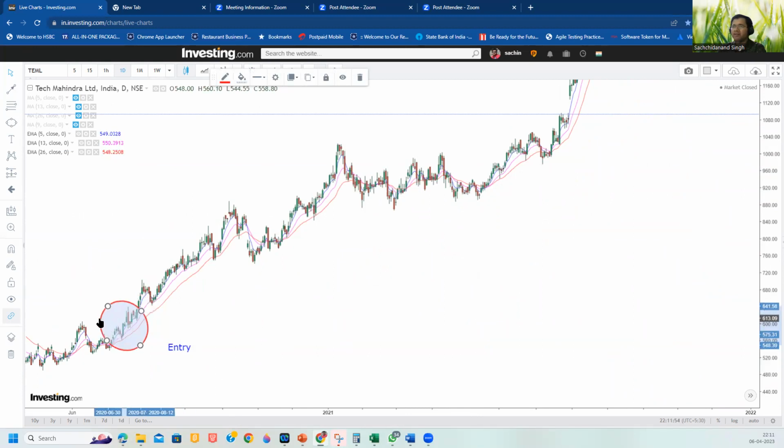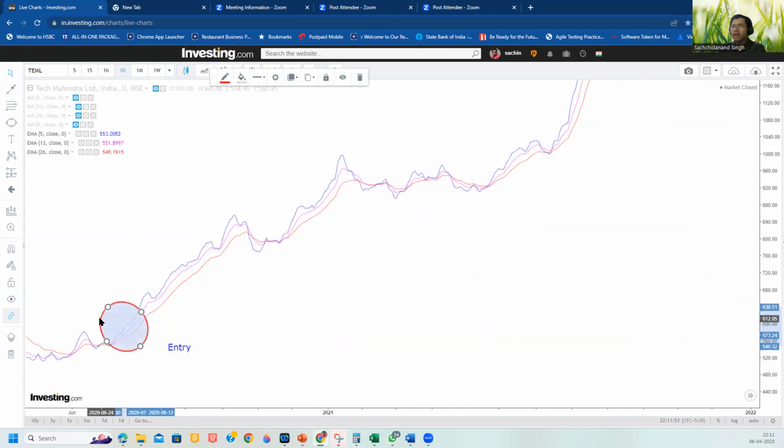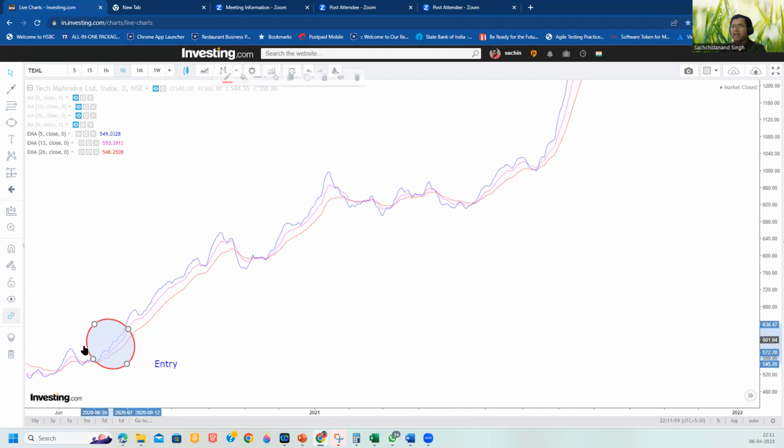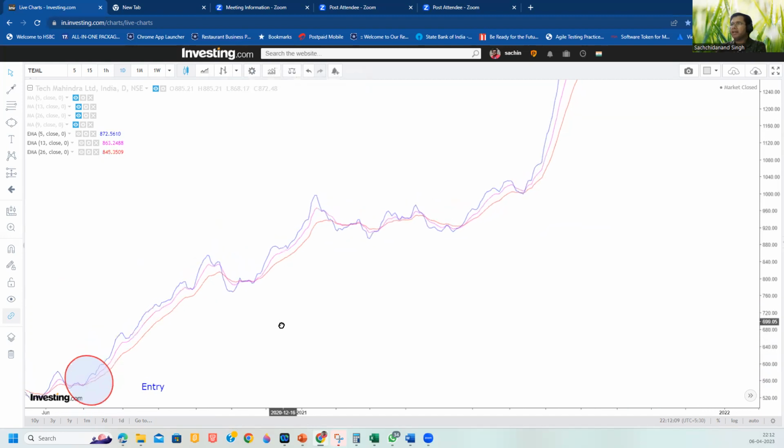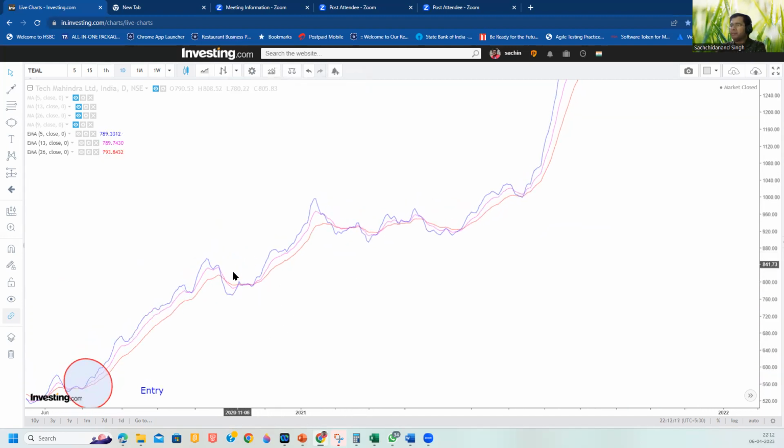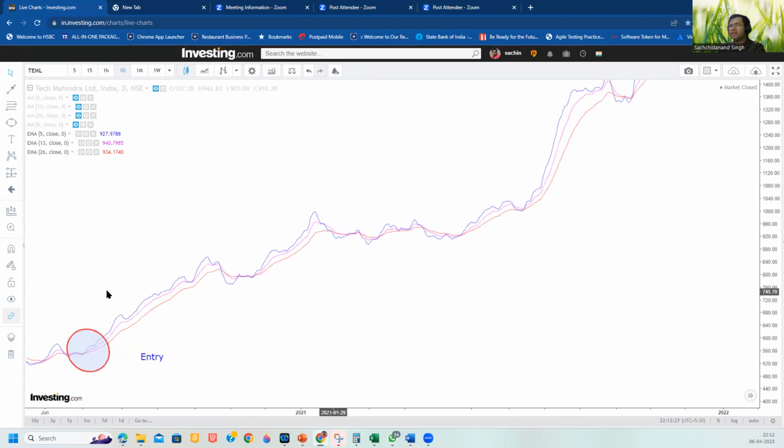So this is the ideal point to take an entry for a positional trade or long-term investment. You can take an exit at multiple places, because we will learn more about how to take the ideal exit. There are multiple ways to decide on an exit, but considering long-term investment, somebody could have taken the entry here.